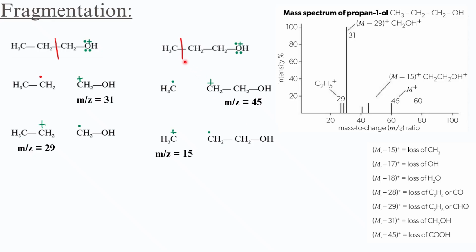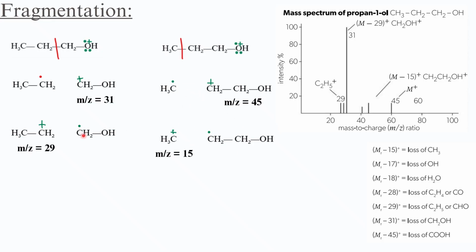As you can see, this was a possibility that we discussed in the previous slide, and here's another possibility. If I break from here, I can see the formation of a CH3 radical and this radical cation, or there is another possibility where you take this CH3 cation and this as the radical.